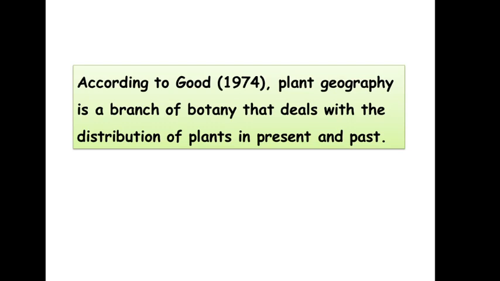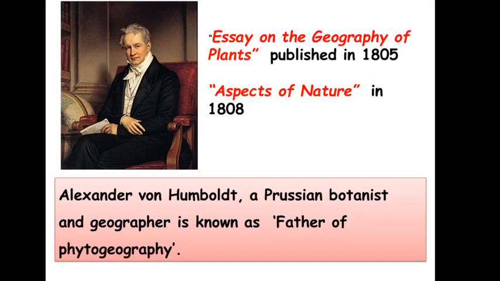So the same thing which we have discussed in the previous slide. I hope you understand this definition. In plant geography, a phytogeographer studies the distribution of plants in different places, both in the present and in the past.